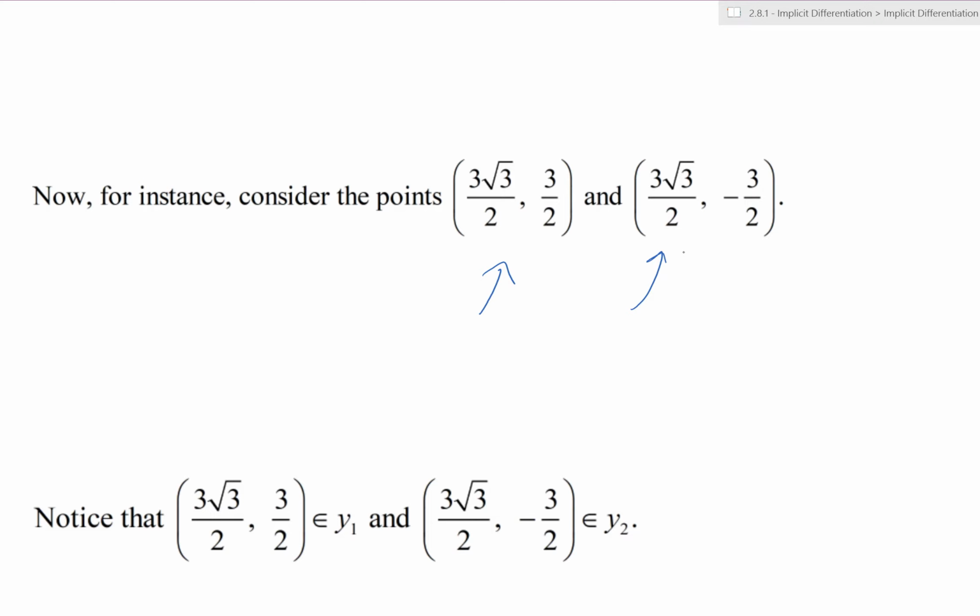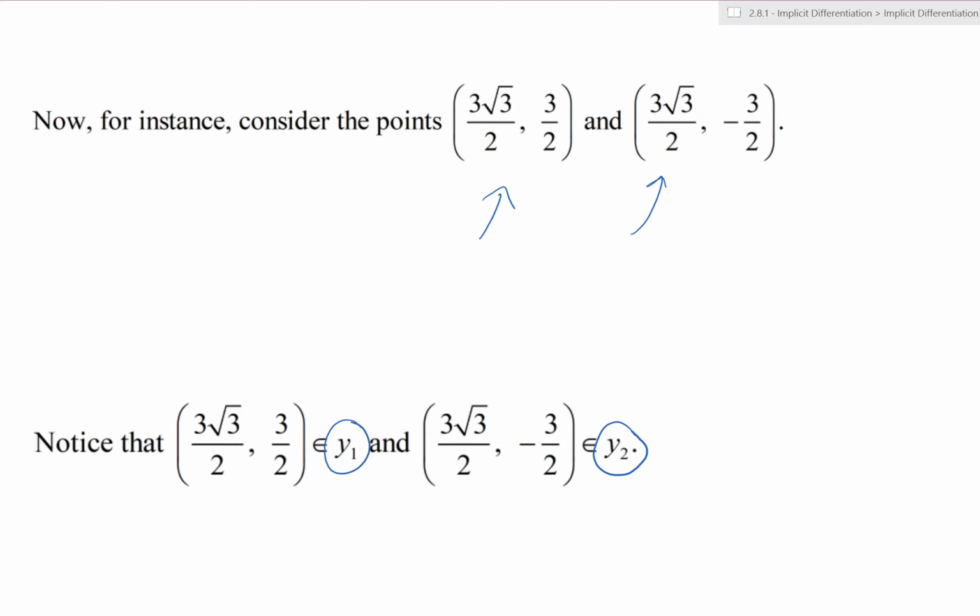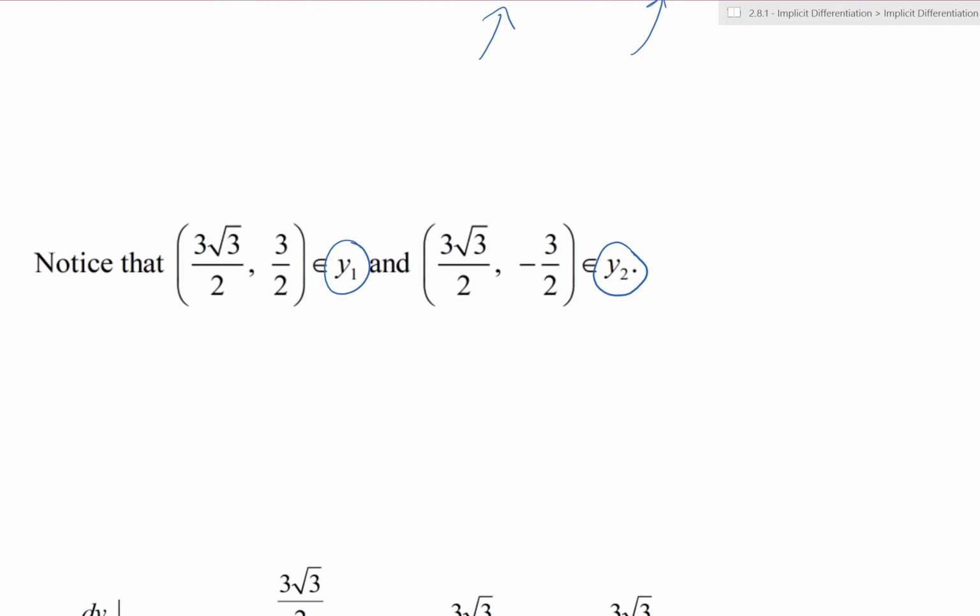In particular, the first ordered pair, which is in quadrant 1, is part of the top semicircle, y1 as we were calling it, whereas the second ordered pair, 3 root 3 over 2, comma negative 3 halves, belongs to the bottom semicircle. So it's really the same x value, but then you have the positive output and the negative output for these corresponding ordered pairs.